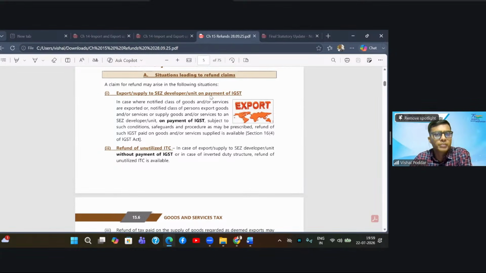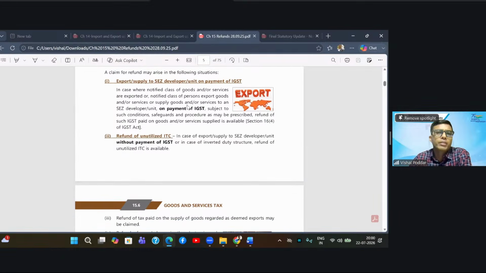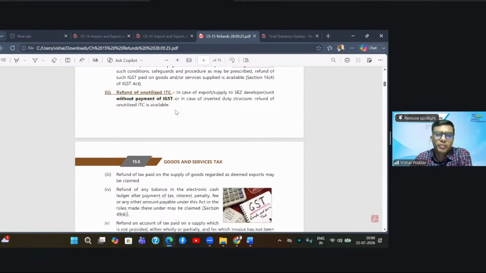So first option, as we saw in the previous chapter, also Section 16 of the IGST Act gives you, is that in case of zero rated supply, you can first make payment of IGST and claim the refund of that. So that is the first situation where you are exporting your goods or services, or you are supplying your goods or services to SEZ for their authorized operations, and you are doing this by charging IGST, that is with payment option. The amount of IGST which is paid by you can be refunded.